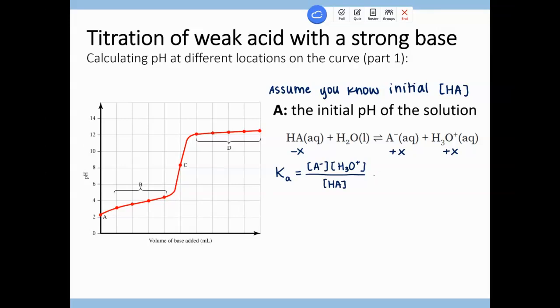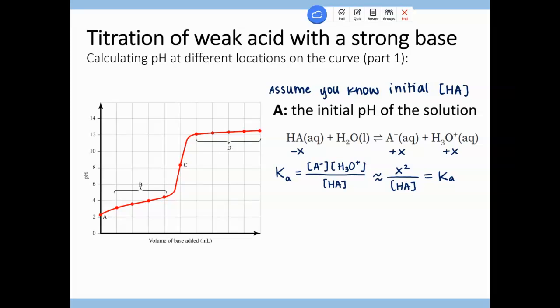At equilibrium, that is approximately X times X, so X squared, over the initial concentration of HA. This is where we are assuming that HA is much larger than the value of X, so we can approximate HA concentration minus X as just the HA concentration. Then, setting this equal to Ka, we can solve for X.